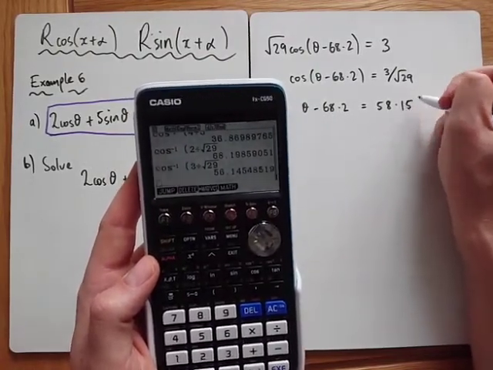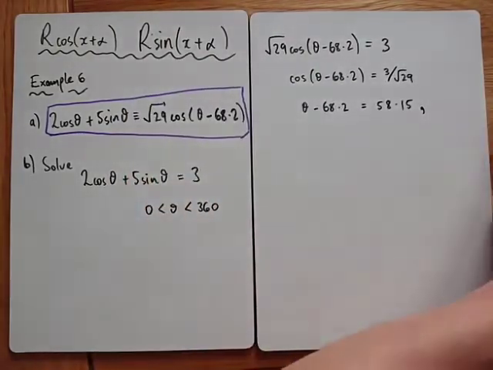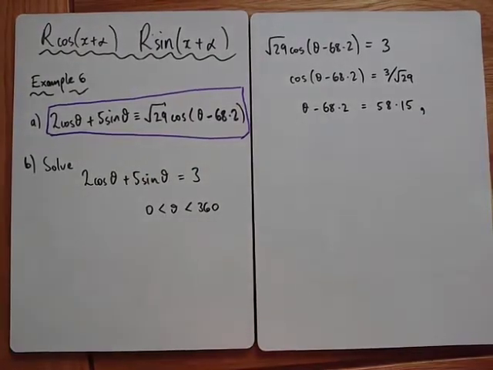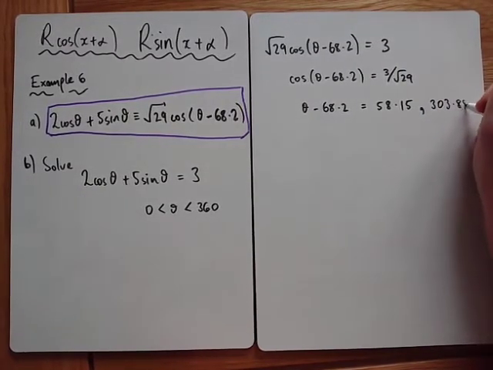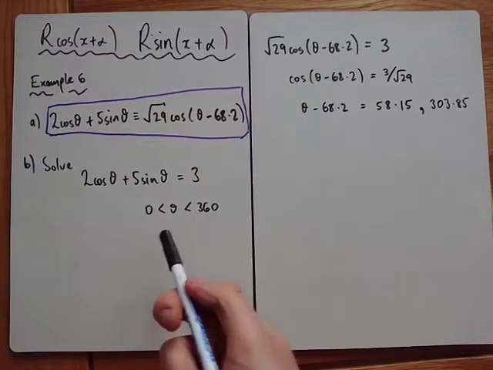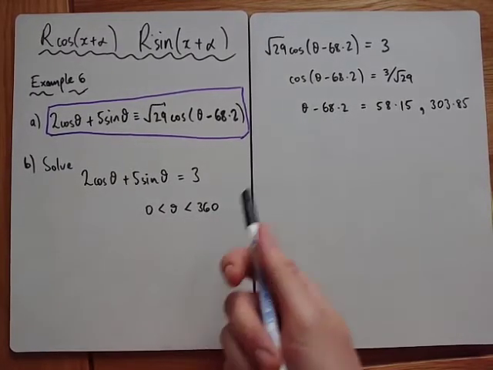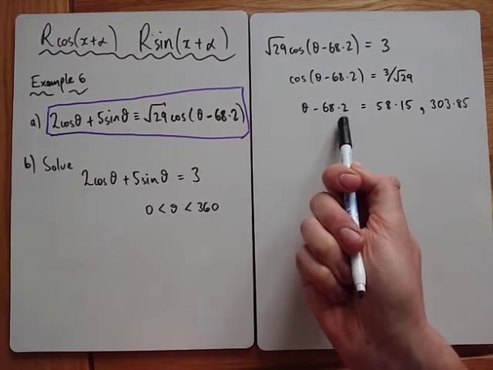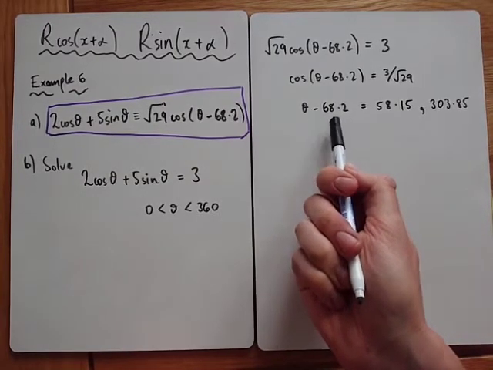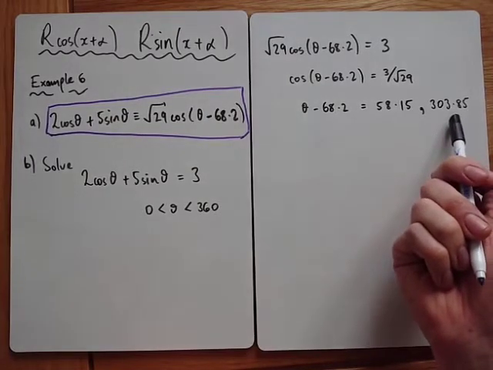Let's go 58.15. 360 minus, because we've taken cos inverse, we get 303.85. We want our answer to be between 0 and 360. Now, be careful, this is a bit of a sneaky one. We're about to add, to solve for theta at the end, we're about to add 68.2. If I add 68.2 to that one, it's actually too big.